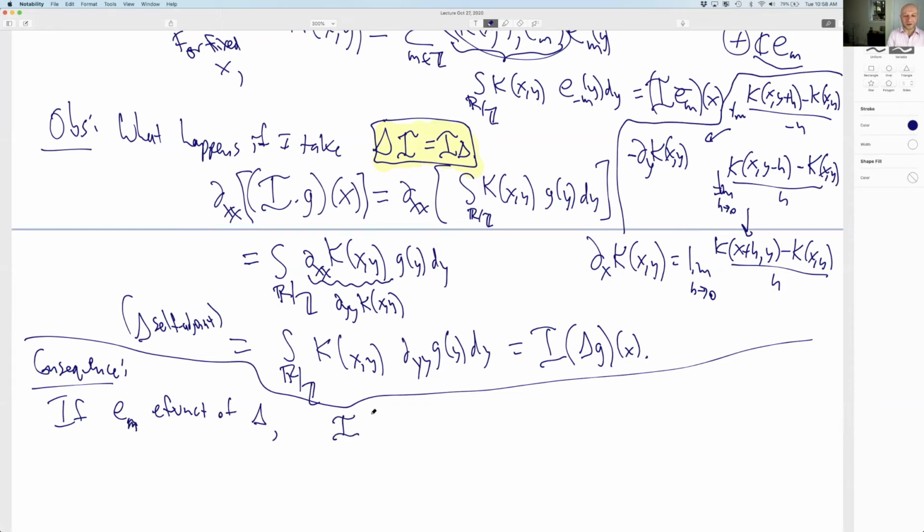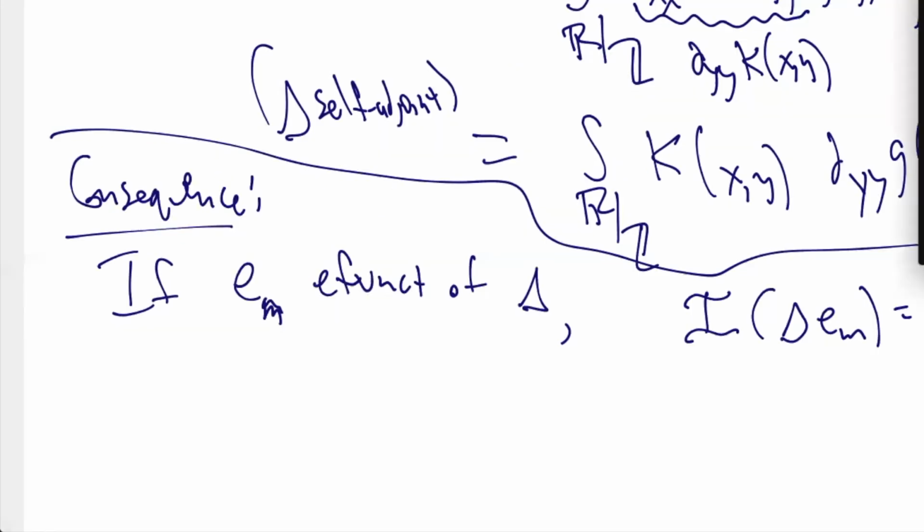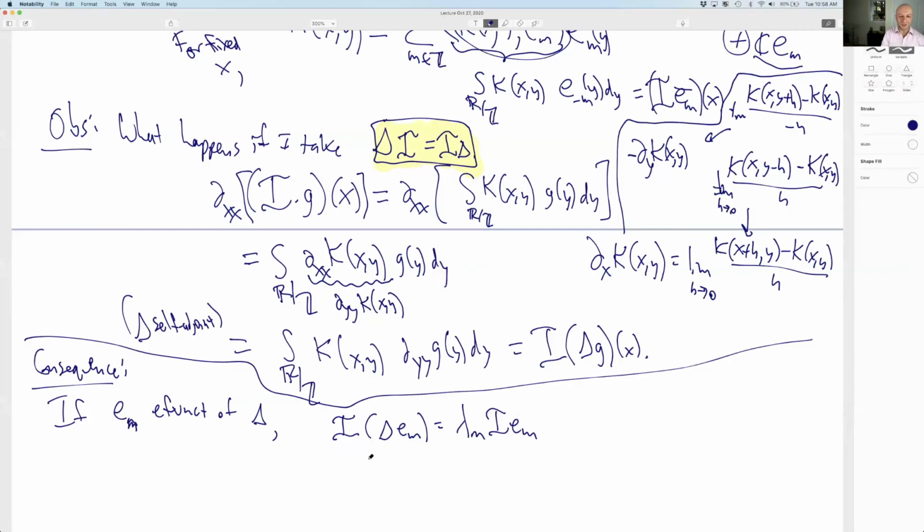The integral operator of delta e_m is just the eigenvalue times I of e_m, right? But this is also delta of I of e_m. So I of e_m is also an eigenfunction of delta with the same eigenvalue.